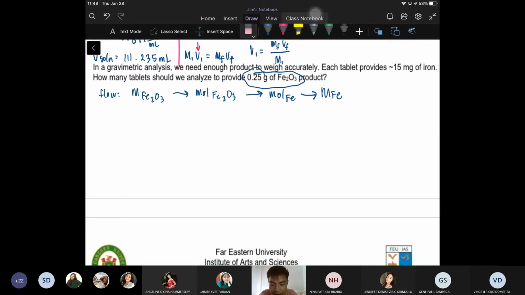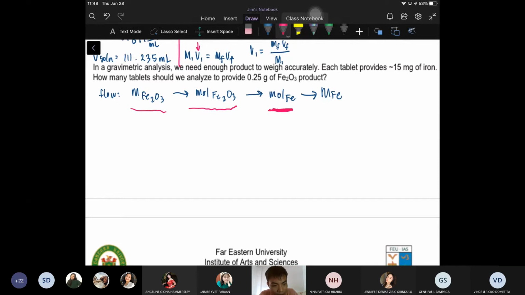So again, anong ginawa natin? Baka nawala tayo. So ganito yung gagawin natin pala. So we start with this one. Ito kasi yung kailangan natin. 25 grams of iron 3 oxide. So, ang kailangan natin gawin ay ganito. So we start with the mass of iron 3 oxide. We convert that into moles of iron 3 oxide. And then from the moles of iron 3 oxide, we will convert that into moles of iron. Bakit pa kailangan, sir, ng iron?